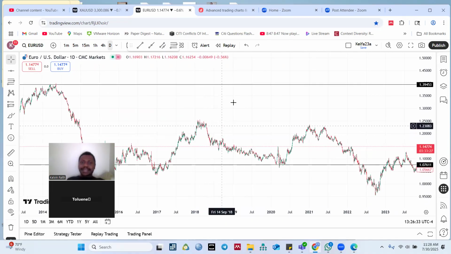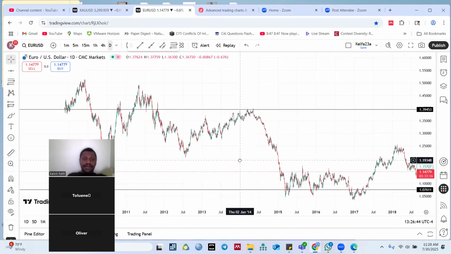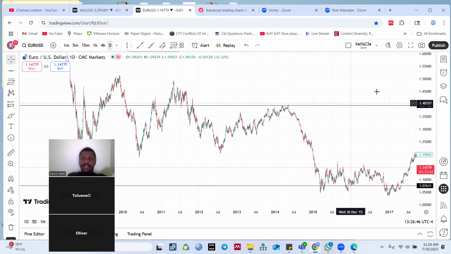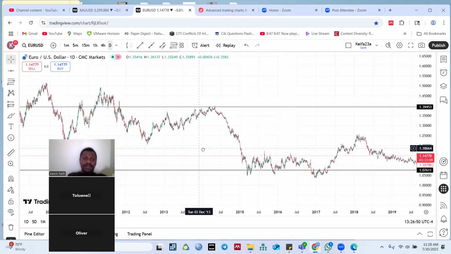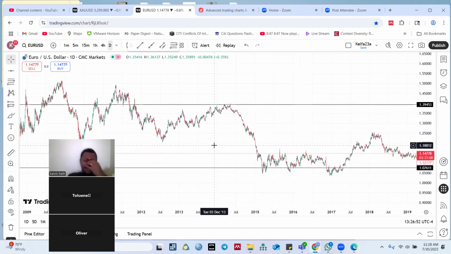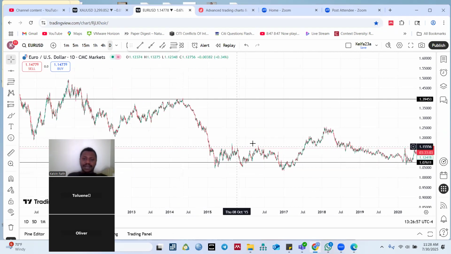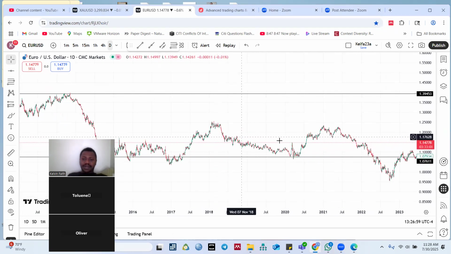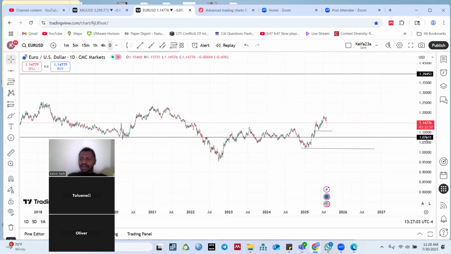So from the daily time frame on Euro USD, yeah, Oliver, welcome. So, Oliver, I'm using Euro USD as a case study for the analysis so that I'll try to apply most of the concepts that we've been using that has been working for us so that we'll see.